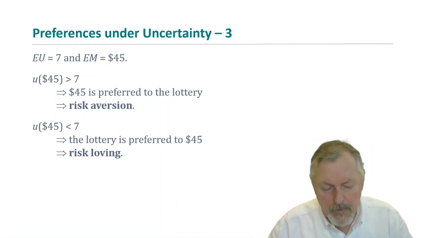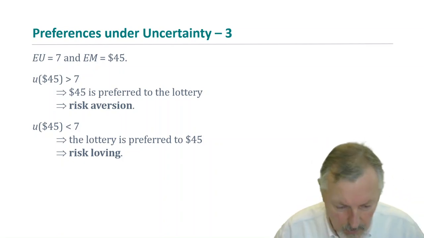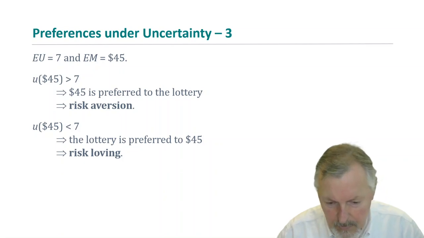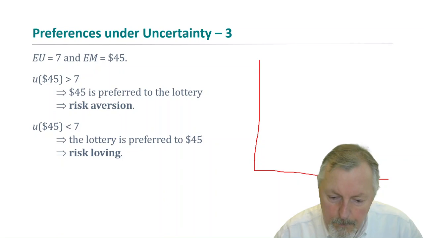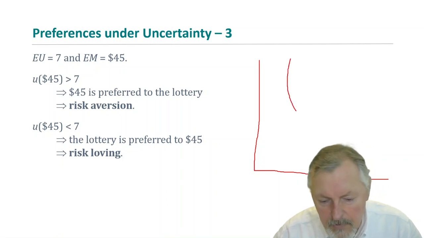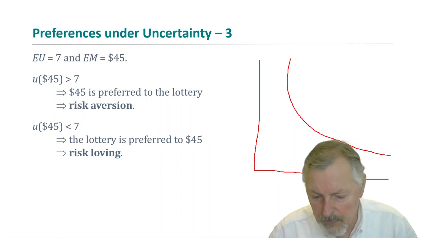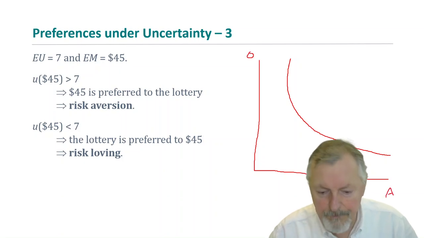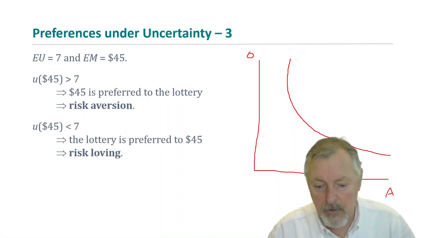So, just like with consumption bundles, where you have nicely behaved indifference curves when we're dealing with apples and oranges, people tend to prefer intermediate amounts.